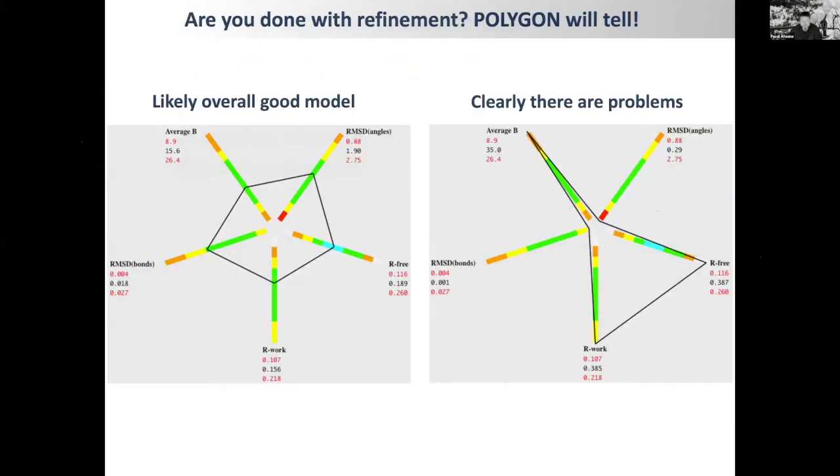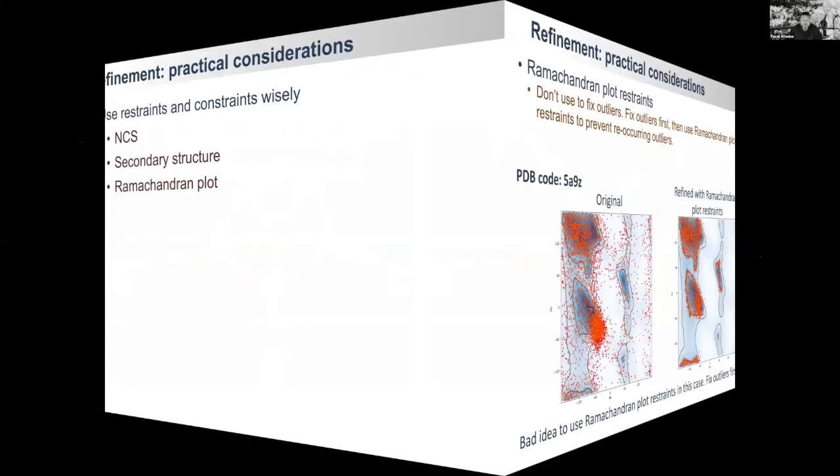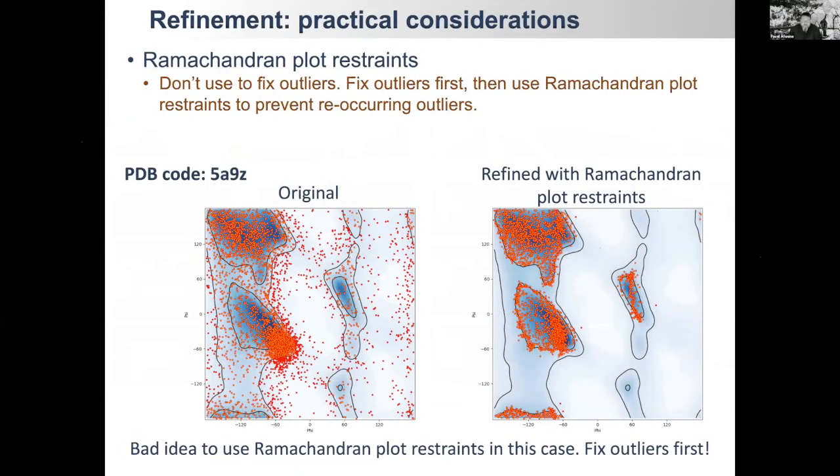Now, there's an important nuance about Ramachandran plot restraints. It's very easy to abuse these restraints to achieve something that you may think is good, but it's not.